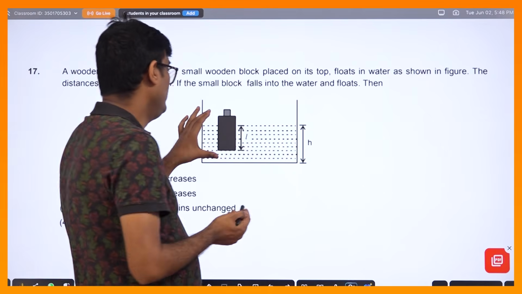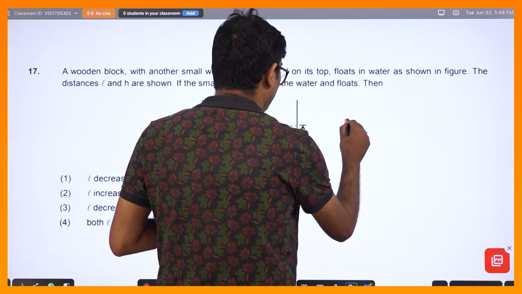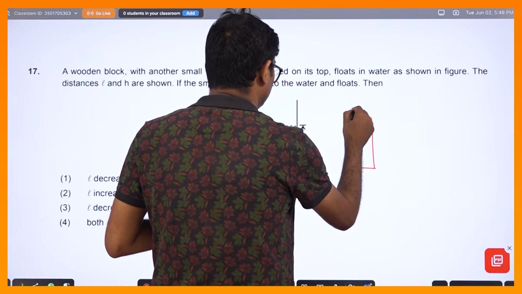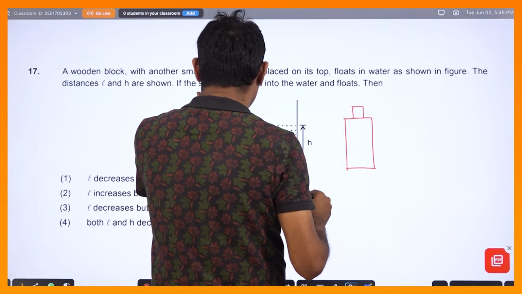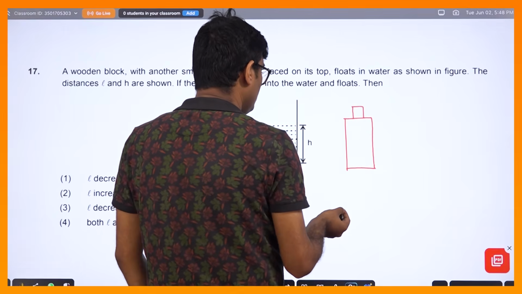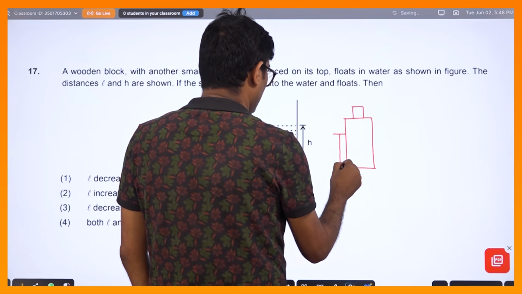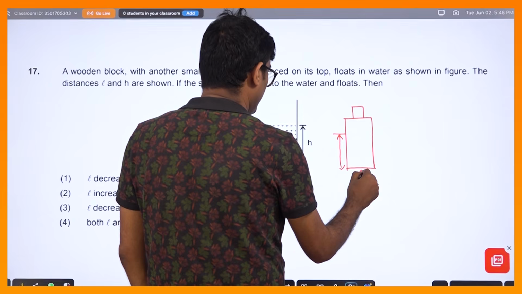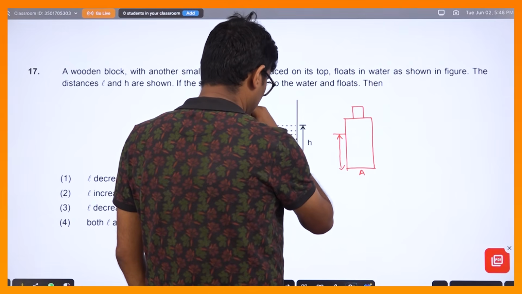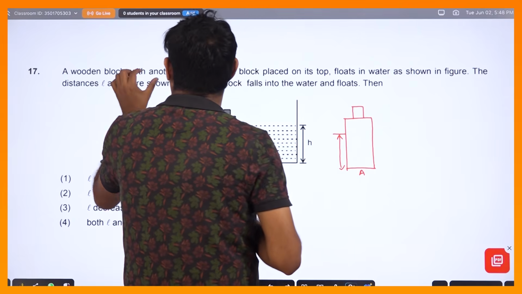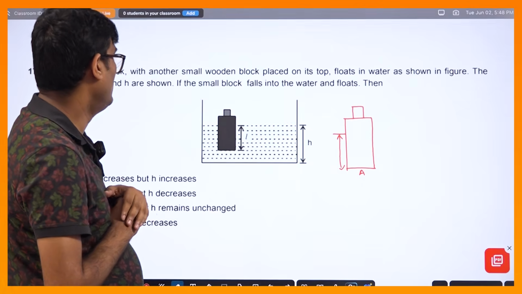Okay, if I draw the free body diagram, then initially, if this is L and the cross-section area is A, suppose, with another smaller wooden block.